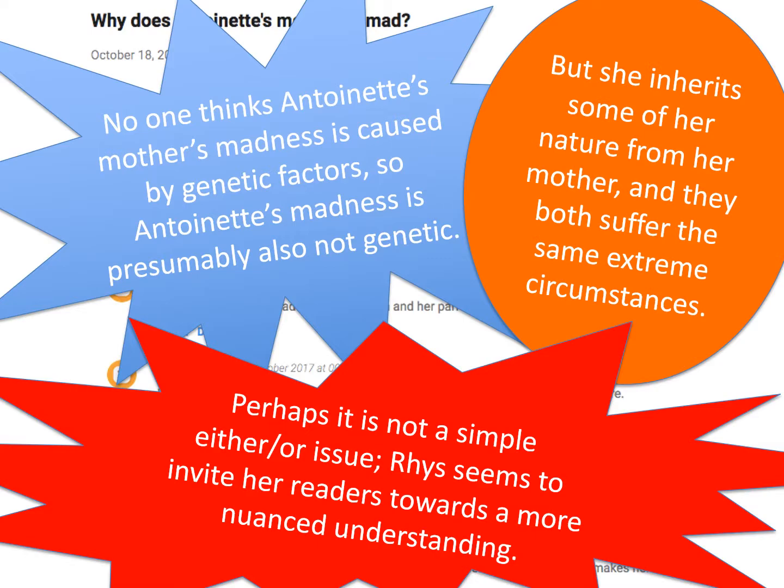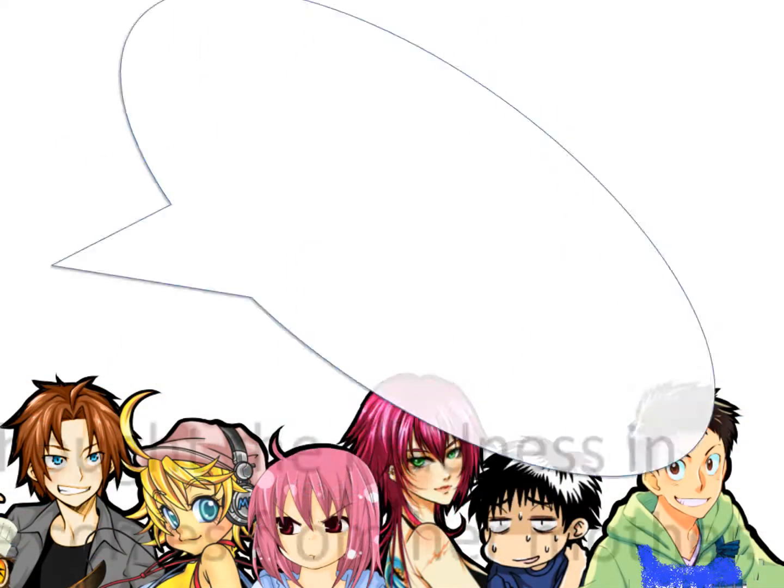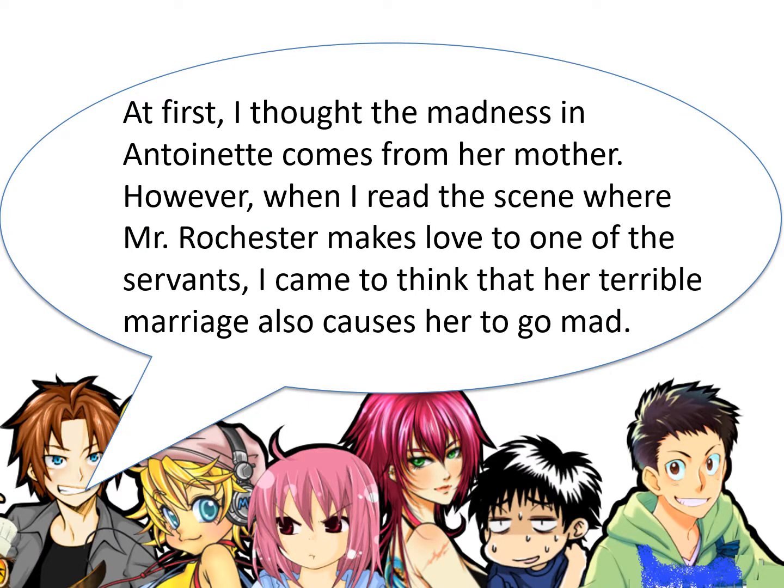Rhys is inviting her readers to look at things in a more nuanced kind of way. So I won't go on for very much longer. The madness comes from, at first the student said, "I thought the madness in Antoinette comes from her mother. However, when I read the scene where Mr. Rochester makes love to one of the servants, I came to think that her terrible marriage also causes her to go mad."